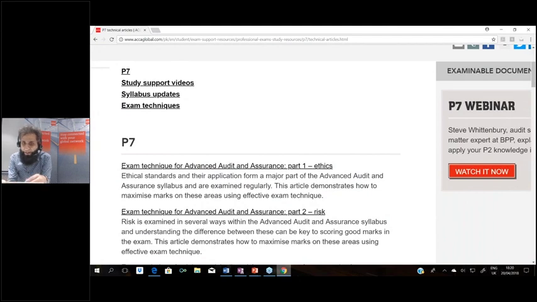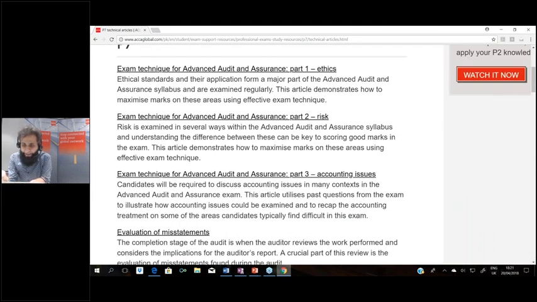Can you see the first three articles, which are Exam Techniques for Ethics Part 1, Exam Techniques for Risk Part 2, and Exam Techniques for Accounting Issues Part 3. I'd prefer everyone to read the first three articles because they're such good articles in terms of developing your mindset on how to answer an ethics question, how to answer a risk question, and how to answer an accounting issue question. So these three articles, right, are a must. Please do read them.